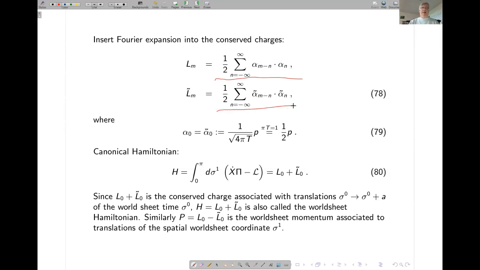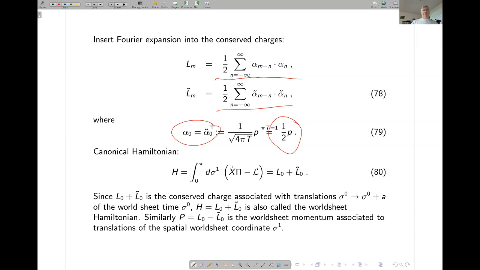To be precise, x does not enter into these formulas, but the momentum p does. But I can then introduce the notation alpha 0 with the appropriate coefficient of proportionality, so that I don't have a separate term in these infinite sums.